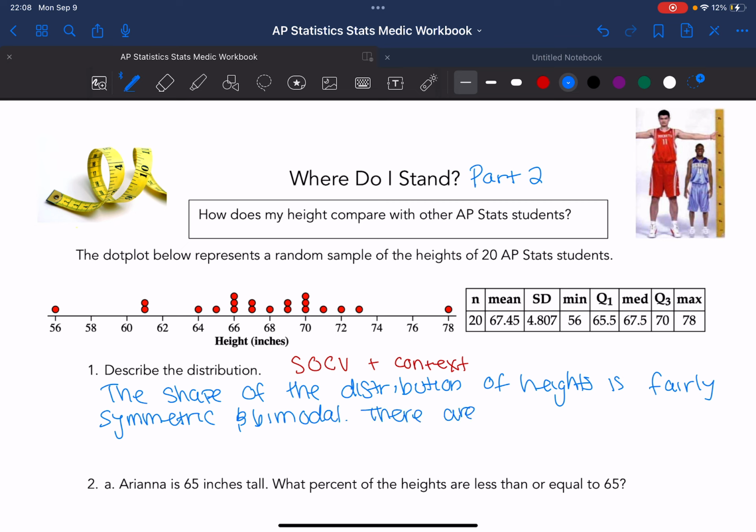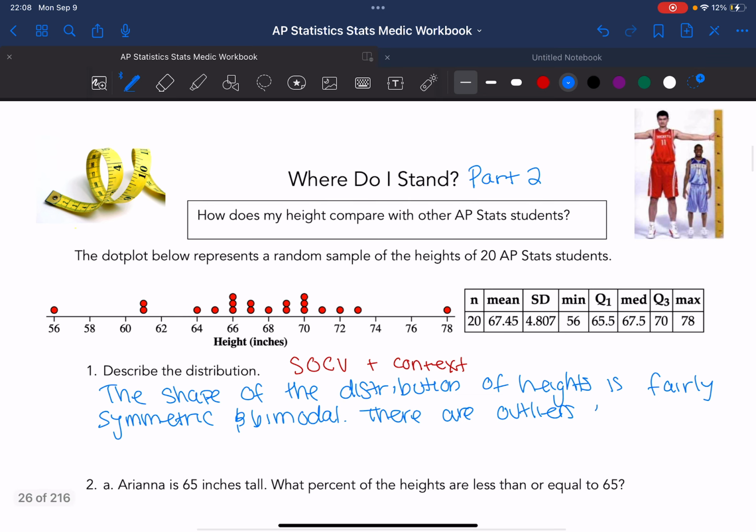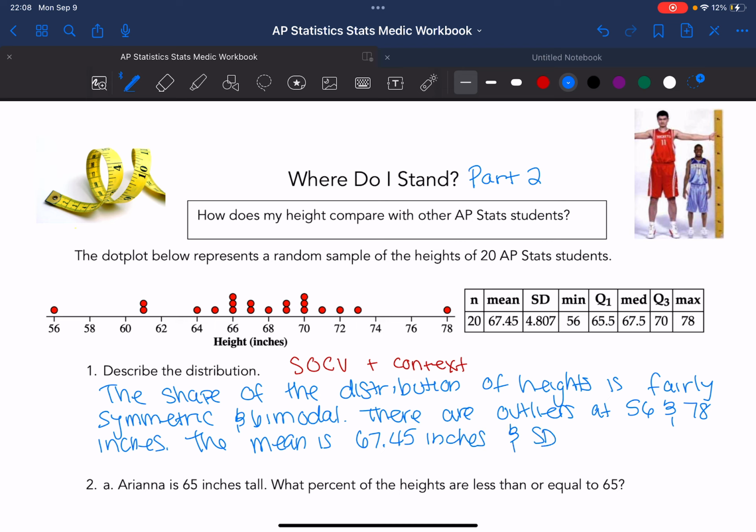There are outliers at 56 and 78 inches. The mean is 67.45 inches. And the standard deviation is 4.807 inches.